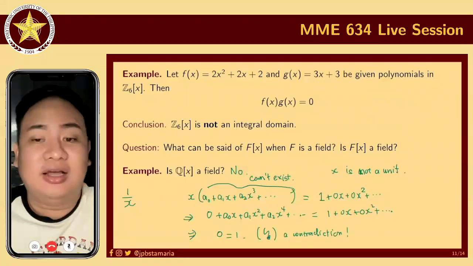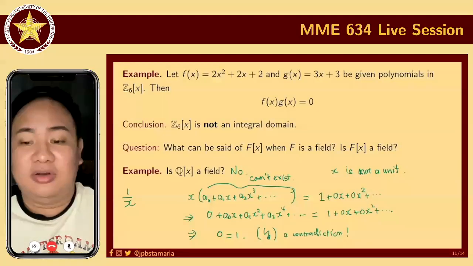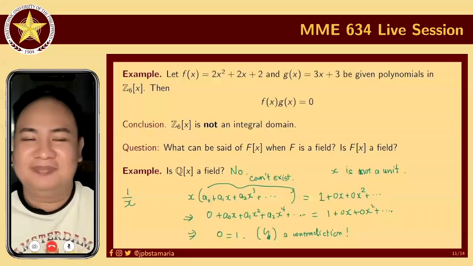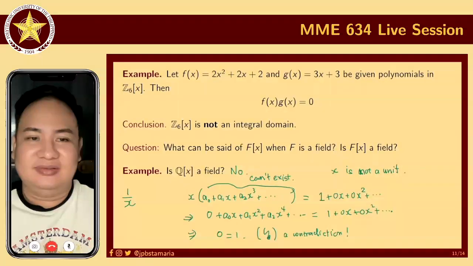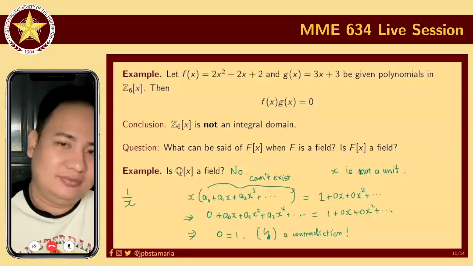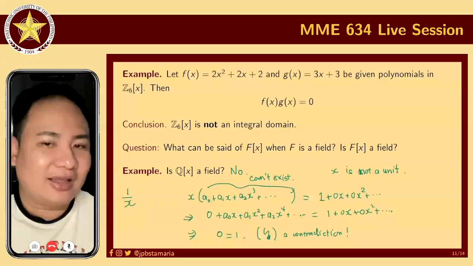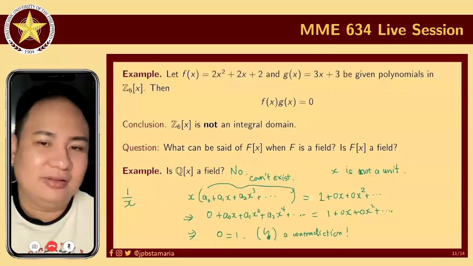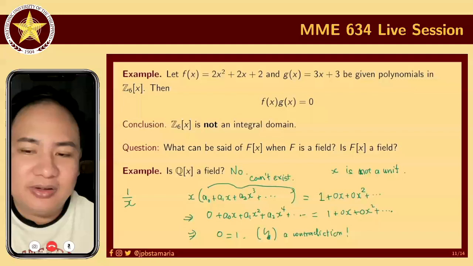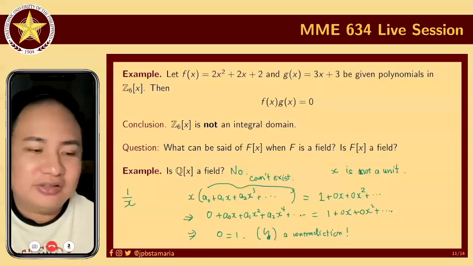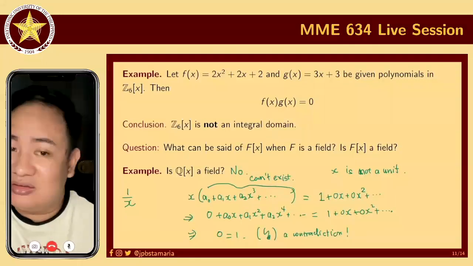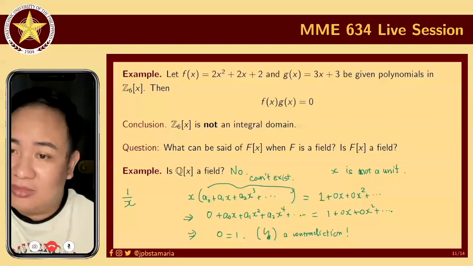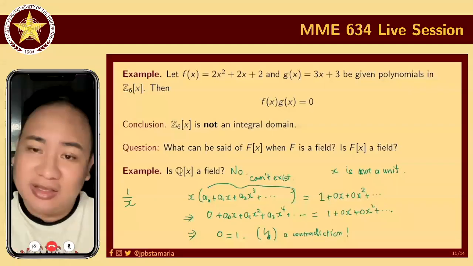Do you understand the argument? Why is there a need to do this? Di ba? Kasi kapag sinabi mo lang sa akin, kasi sir, yung 1 over x hindi naman siya polynomial. Yes, it's not a polynomial, but it doesn't imply na walang polynomial ang pwede mong i-multiply kay x para maging 1.